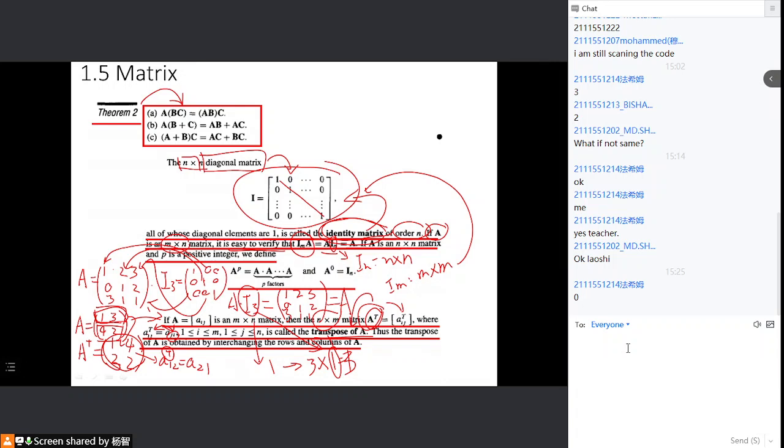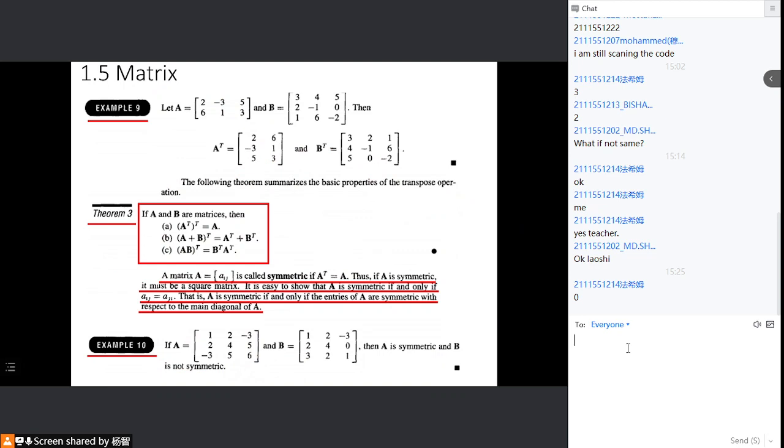AT is the transpose matrix of A. Look at example 9. That's A, and we have AT of this, because the first row becomes the first column and the second row becomes the second column. Okay? It's easy to understand.